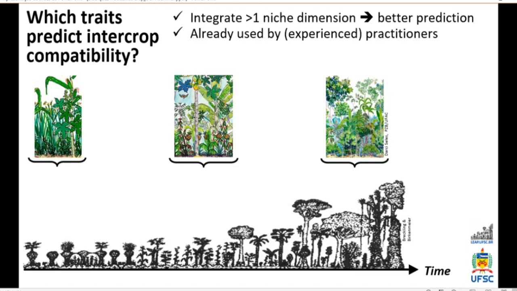And so we're interested in using traits that are already used by agroforest practitioners. And we also need those trait data to be available for hundreds to thousands of species.